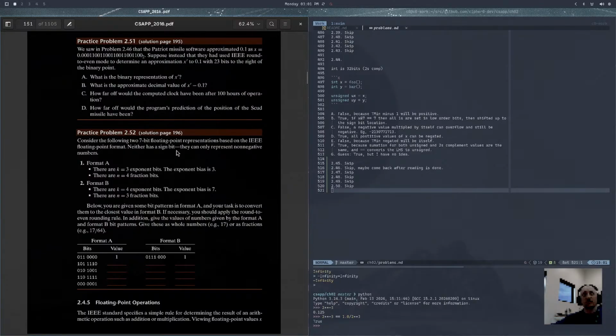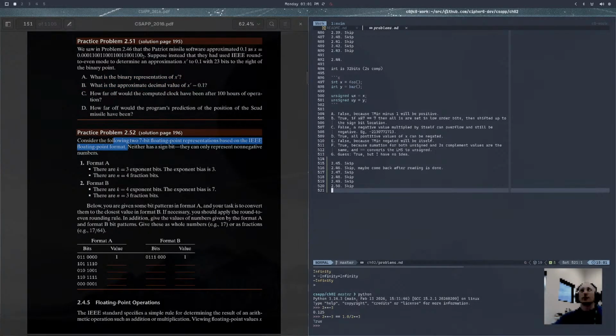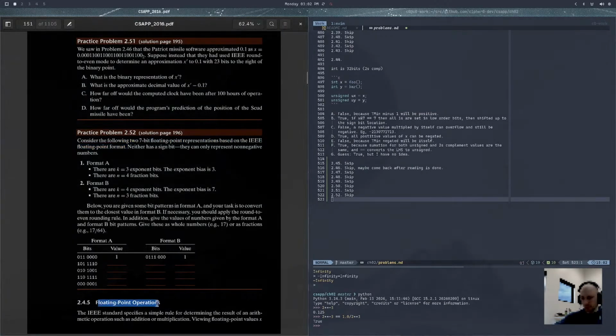Anyways, I'm going to skip over these problems. Boop, boop, boop. Skip, skip, skip. So now we're on floating point operations.